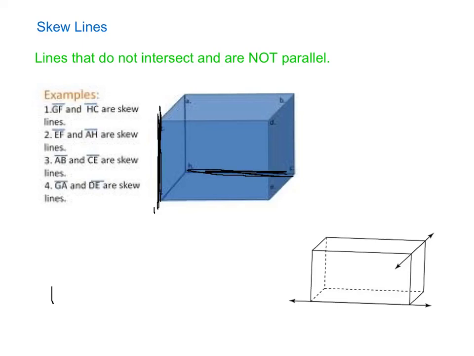Listed there are some other examples of skew lines. Looking at this one on the bottom right, this side here and this side here would be examples of skew lines, because if you continue them out in both directions, they are not parallel and they would never intersect, so those are skew lines.